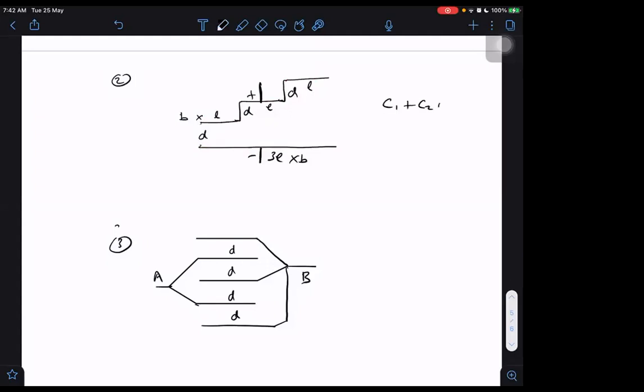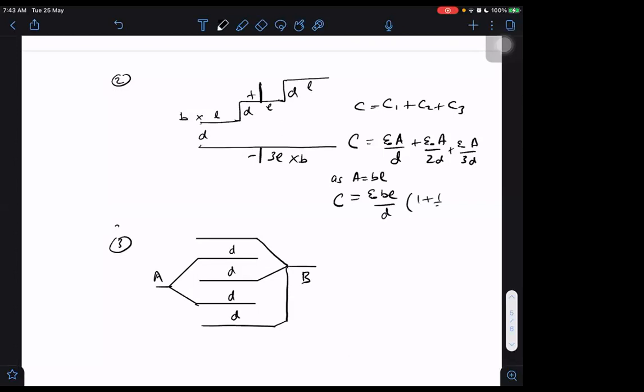C1 plus C2 plus C3 will be the net capacitance, which will be equal to, what is C1 here? Epsilon naught A by D. What is area, by the way? Area I am taking as B into L. Plus epsilon naught A by 2D plus epsilon naught A by 3D, and area is equal to B into L. So I'm writing epsilon naught B into L by D taken common, into 1 plus 1 by 2 plus 1 by 3.